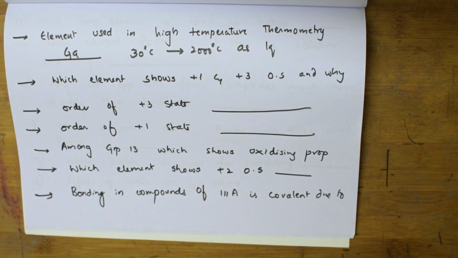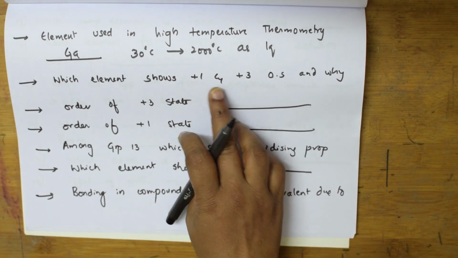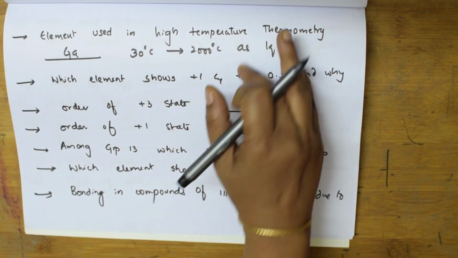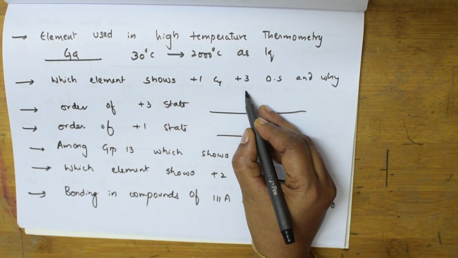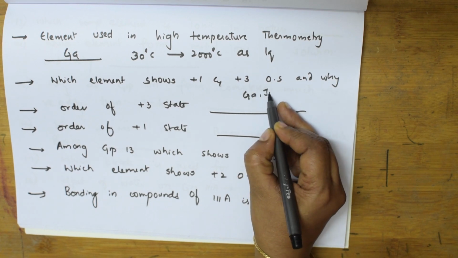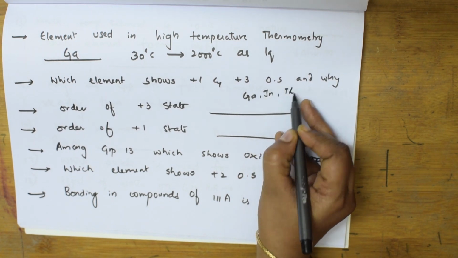Right. Now next question. Which elements show +1 and +3 oxidation states and why? Basically in group 13, the common oxidation state is +3, but we still have +1 and +3. Which elements show this? Elements like gallium, indium and Tl.